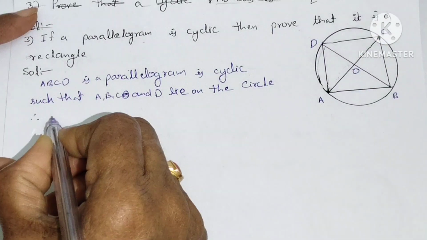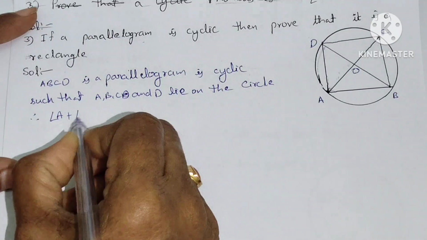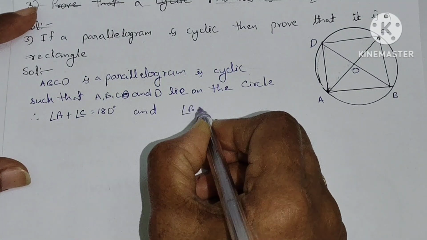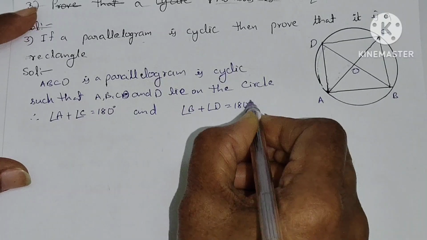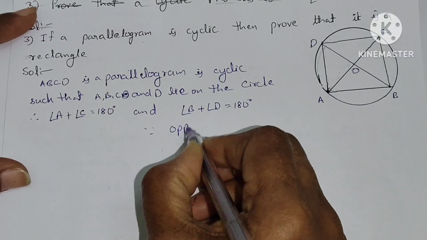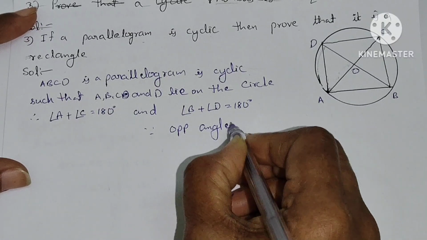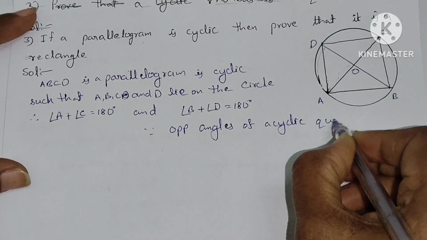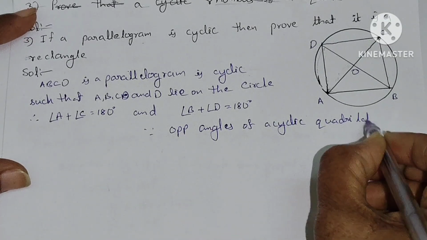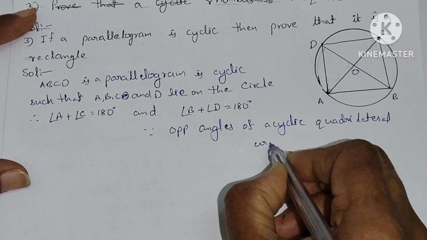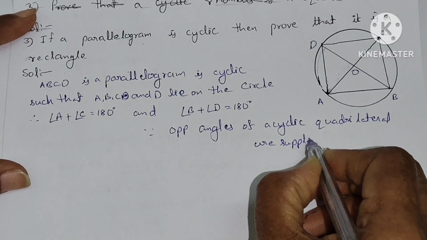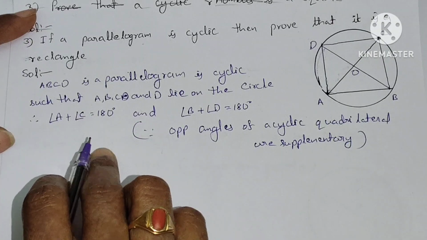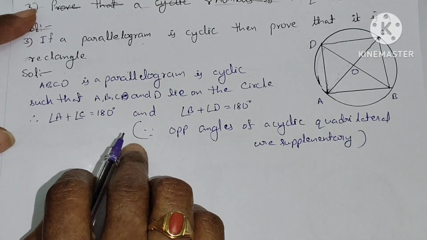So angle A plus angle C equals 180, and angle B plus angle D equals 180, because opposite angles of a cyclic quadrilateral are supplementary.